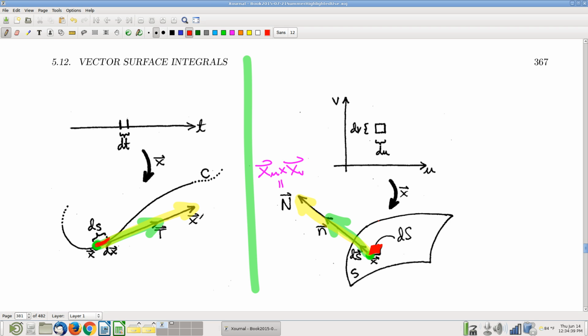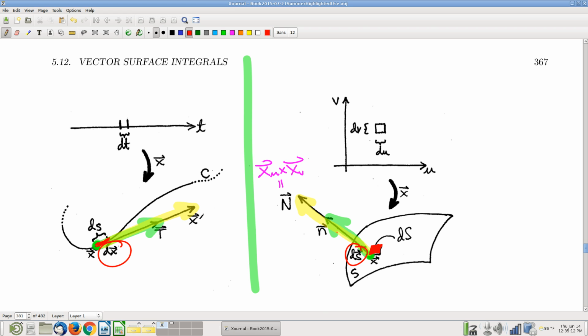And in both cases, we can talk about this related vector, the dx vector, the dS vector over here, that play, again, analogous roles. Both of these vectors, by way of the direction they point, tell you about the orientation of that piece of the domain. And both of these vectors, by way of their magnitudes, tell you about the size of that piece of the domain. So, length over here, area over here, but still size in both cases.